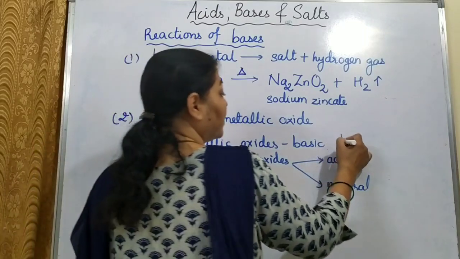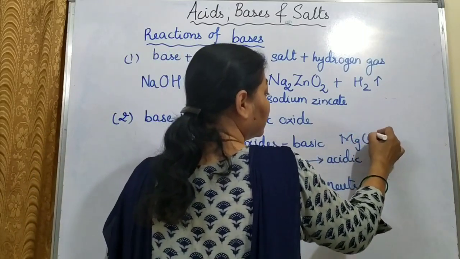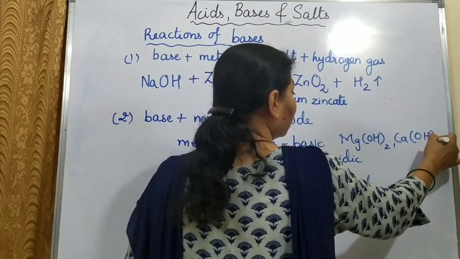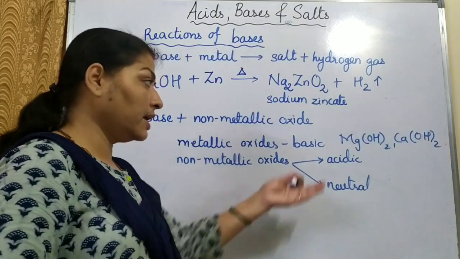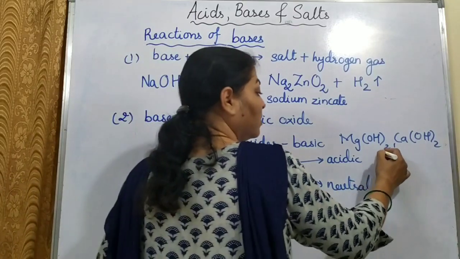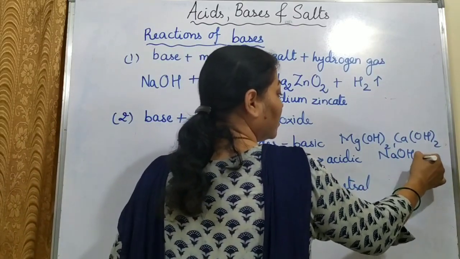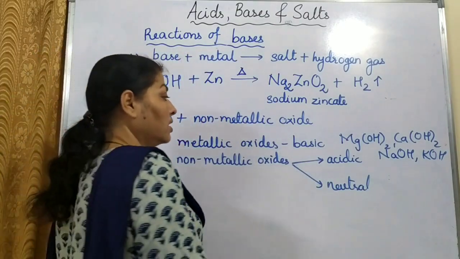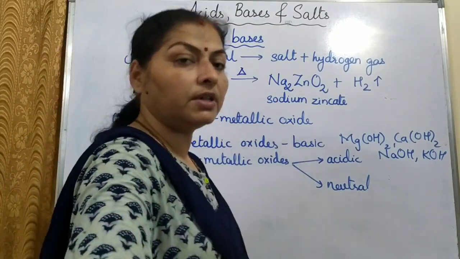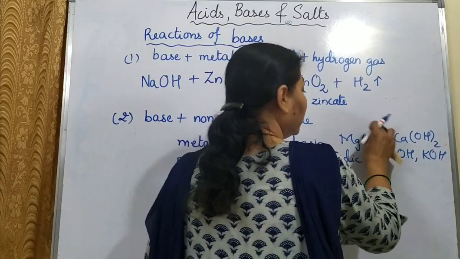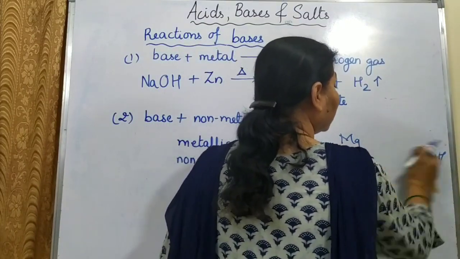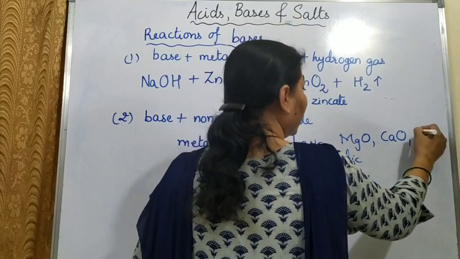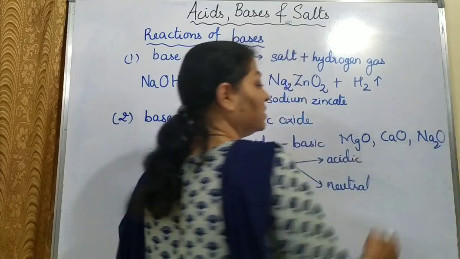Metallic oxides, example, magnesium hydroxide, calcium hydroxide. Many other examples you can take of metallic oxide, hydroxide. NaOH is there, KOH is there. All these are metallic oxides and they are basic in nature. Oxides or hydroxide. Here I have written the formula of hydroxide. If you write oxide, then it is MgO, CaO, Na2O in this way.